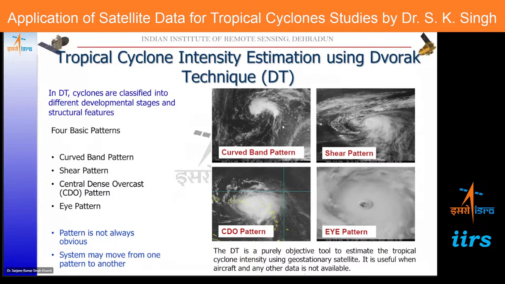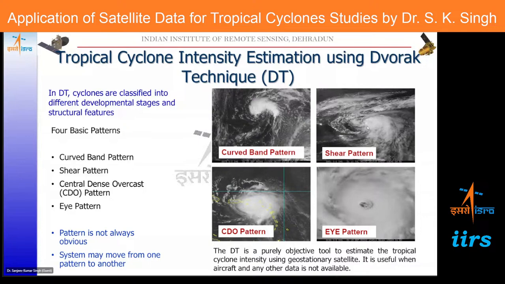In the curved band pattern, in the formation stage, the tropical cyclone starts organizing. That is called the curved band. The shear band pattern can be seen during the formation stage, or when the tropical cyclone hits land during the dissipation stage.